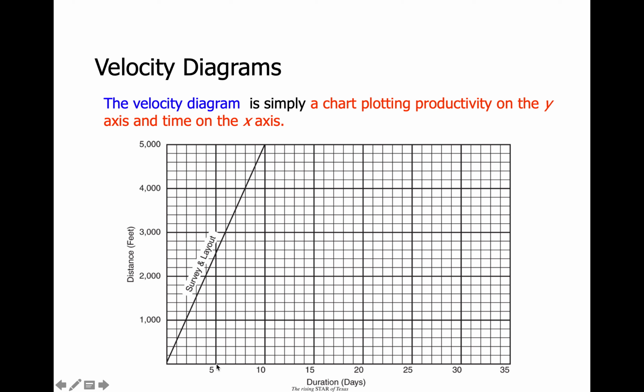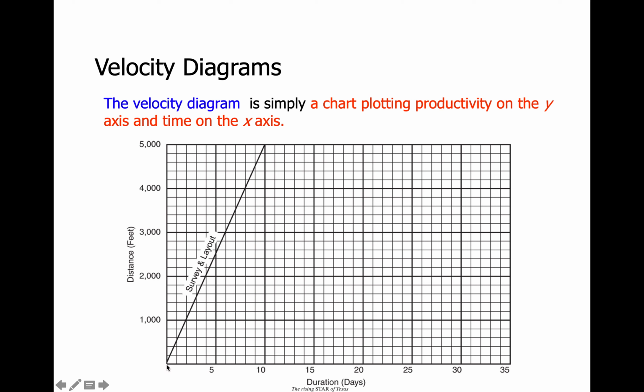I know the numbers are slightly off with the major dark bolded lines. And then on the y-axis is the distance, and this is in thousands of feet. You'll notice our schedule only goes up to 5,000 feet because that's the ultimate distance of our project. The major tick marks are in thousands, and it's all ultimately in feet.